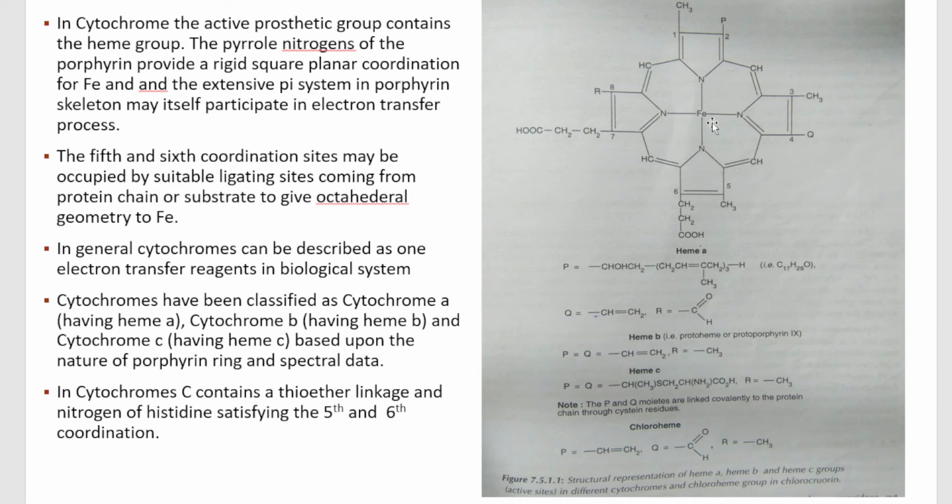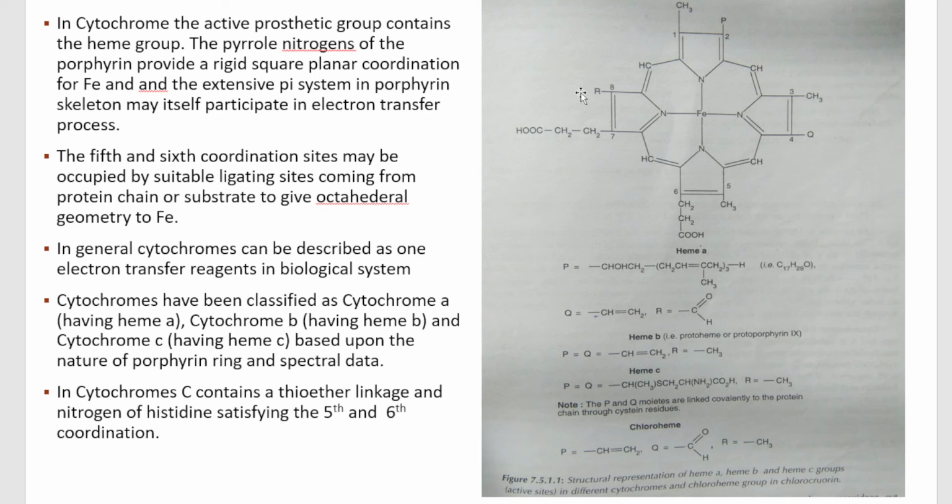Here you can see that iron has 4 of its coordinations satisfied by the nitrogens of the pyrrole, and the 5th and 6th sites are vacant. So the fifth and sixth coordination may be occupied by some other ligand coming from outside, or by a ligand of a protein chain, or it can also be satisfied by a substrate.